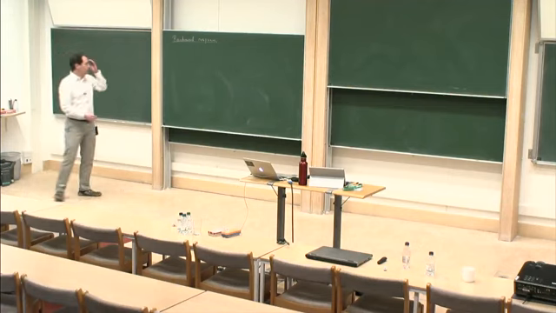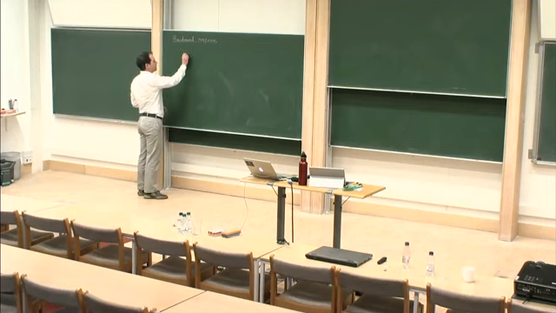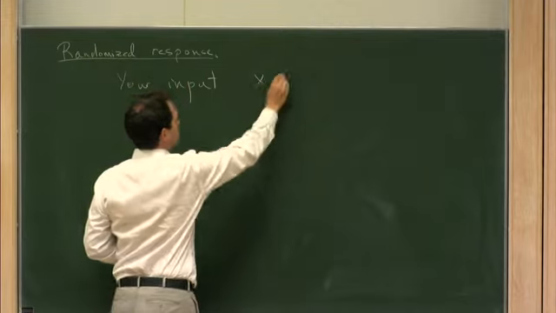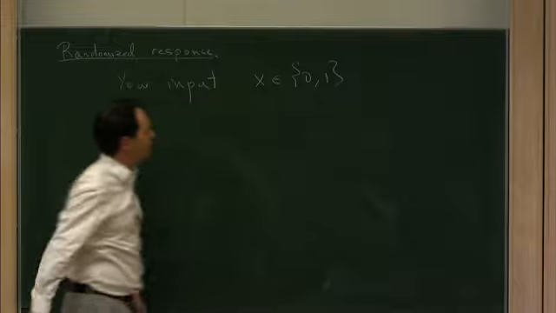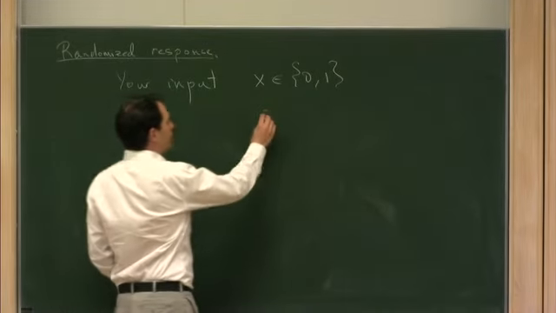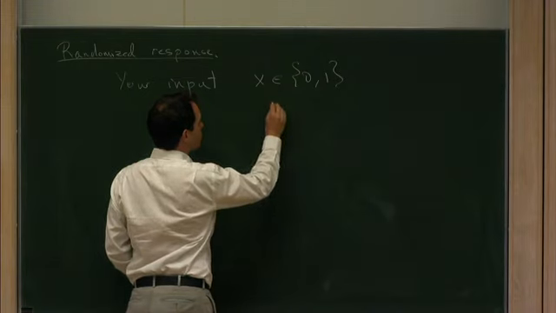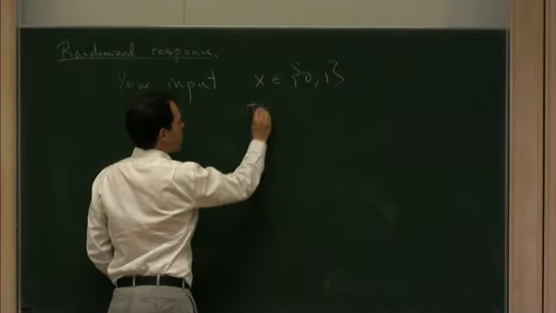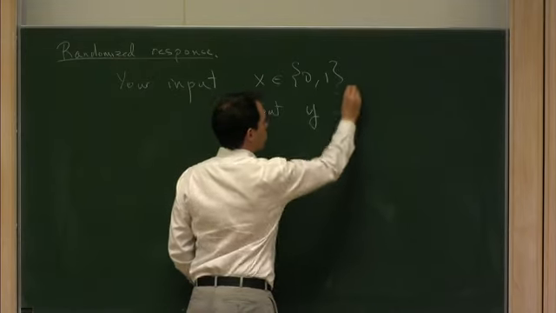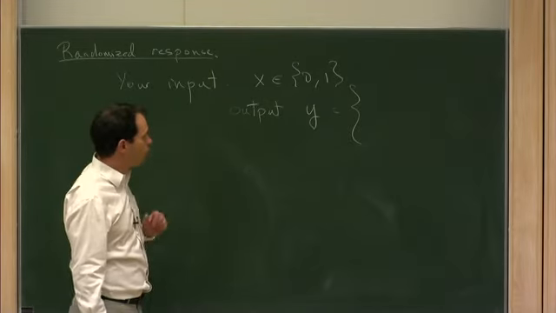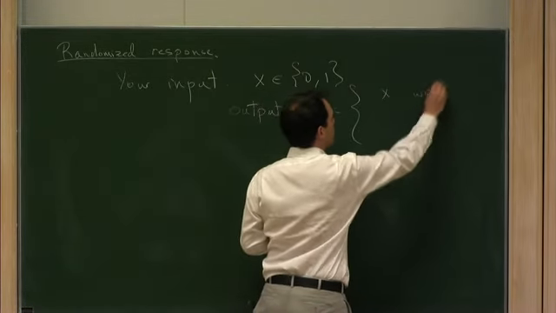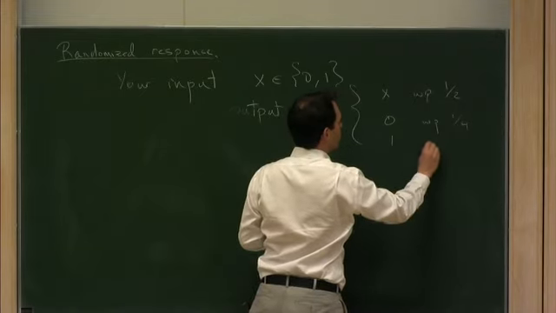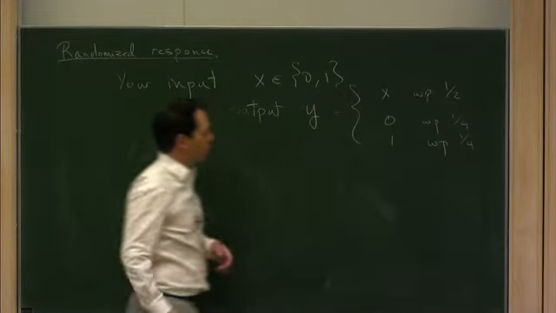So the idea is that if your input is an answer x to a yes/no question, then the distribution on your output is some random quantity, which is x with probability 1/2, and 0 with probability 1/4, and 1 with probability 1/4.